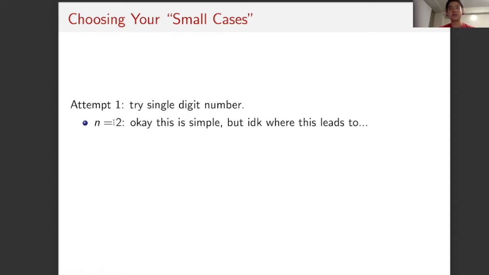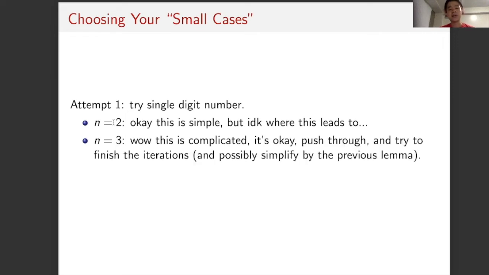There are only seven steps, but you probably wouldn't see how this generalizes to the general setting. When n equals 3, well, there are only 200 plus. Okay, only is a bad term. There are 200 plus steps, but you can probably finish it in maybe 10 minutes. Sure, just push through and see what we can get out of it.